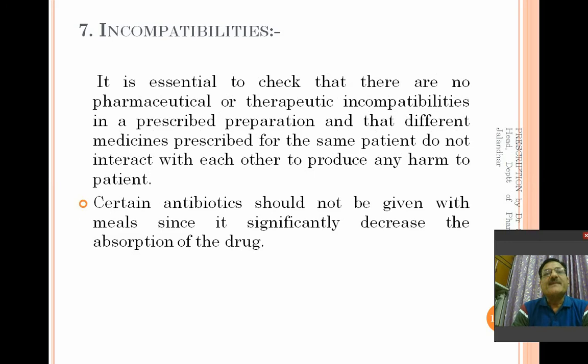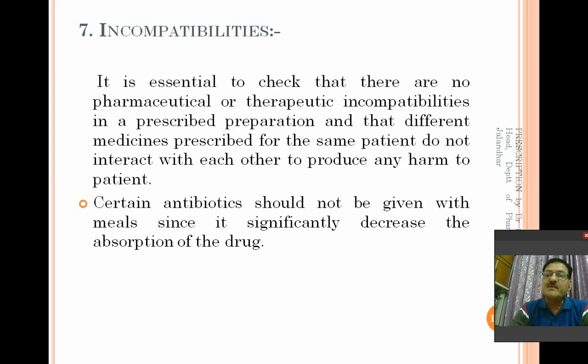Next is incompatibility. Incompatibilities occur when 2 or more drugs of different nature are prescribed simultaneously. So it is essential to check that there are no pharmaceutical or therapeutic incompatibilities in a prescribed patient, and that different medications prescribed for the same patient do not interact with each other to produce any harm to the patient.